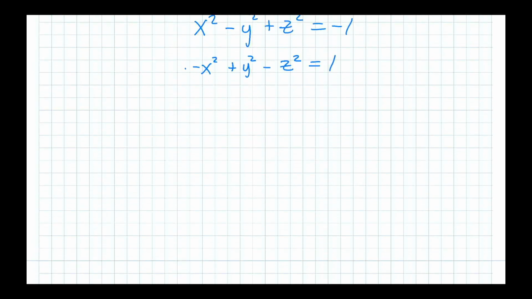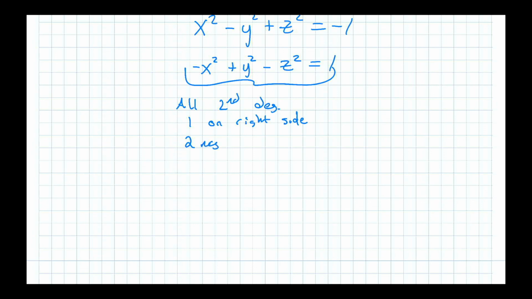And then I look at this and I'm noticing they're all second degree. I know that there's a 1 on the right side. That means it's not a cone, right? Remember, it was a 0 if it's a cone. And then I've got 2 negative and 1 positive, right? X and Z are negative.